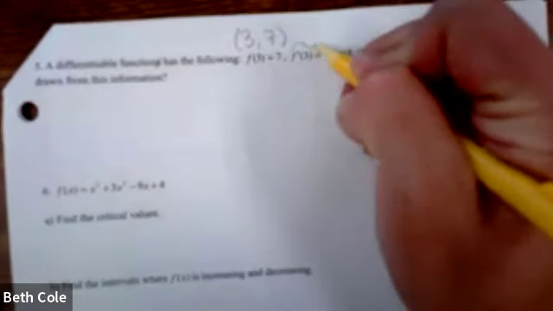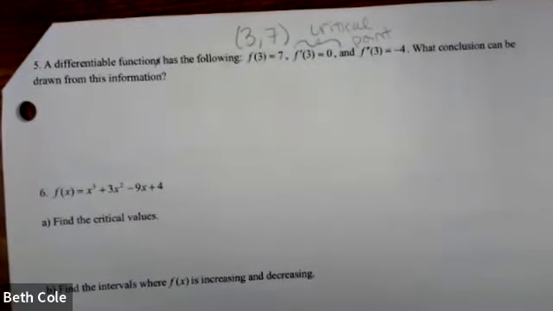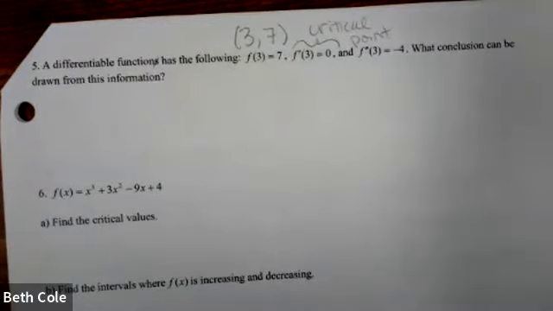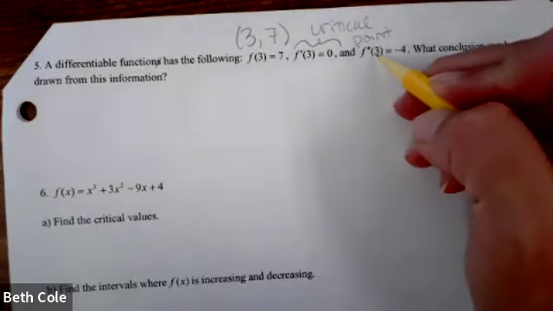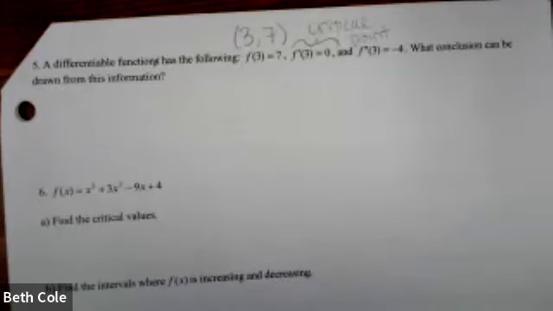What does this tell us? The derivative equals 0. Well, it's a critical point, and it also means the derivative or the slope is 0. Critical point. Now this says f double prime, the second derivative, is -4. Don't get hung up on the fact that it's -4. What's important is that it's negative. It could be -700 million. It's just that it's negative.